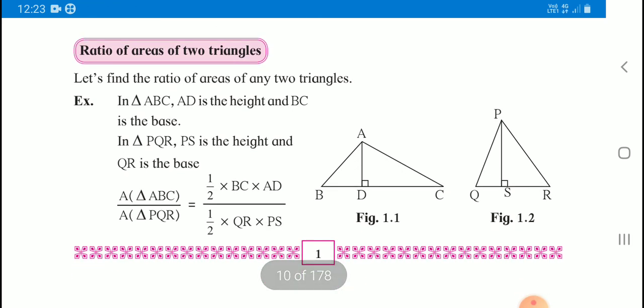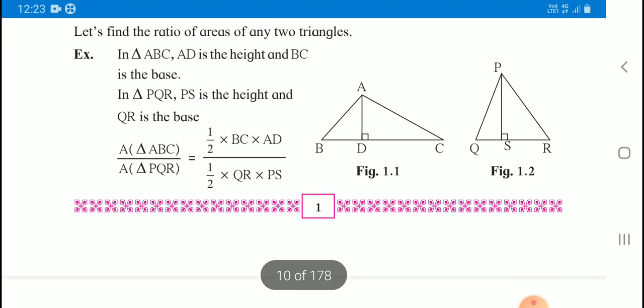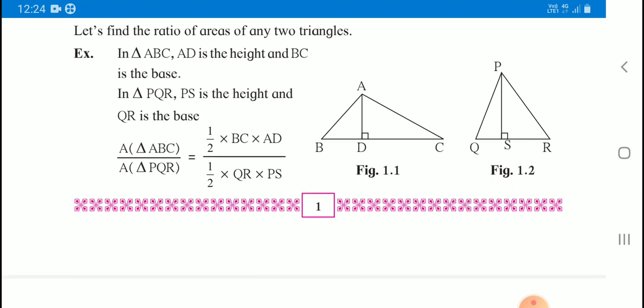Here in your book they have given two triangles. These are triangle ABC and triangle PQR. Now let us find the ratio of areas of these two triangles. In triangle ABC, AD is the height and BC is the base. So area of triangle ABC is equal to 1 by 2 into BC into AD.